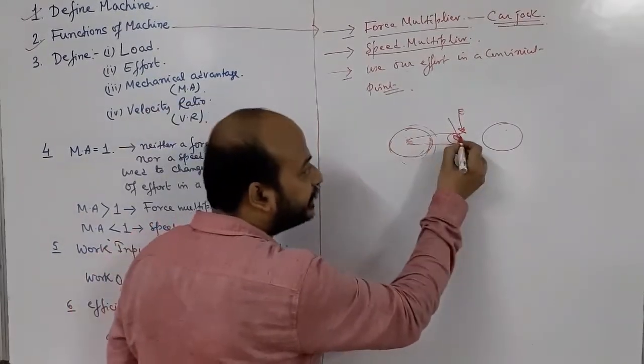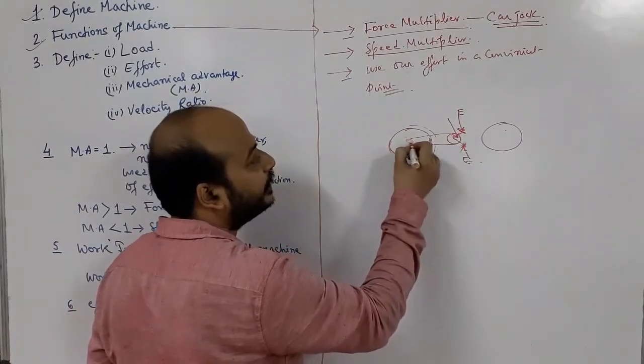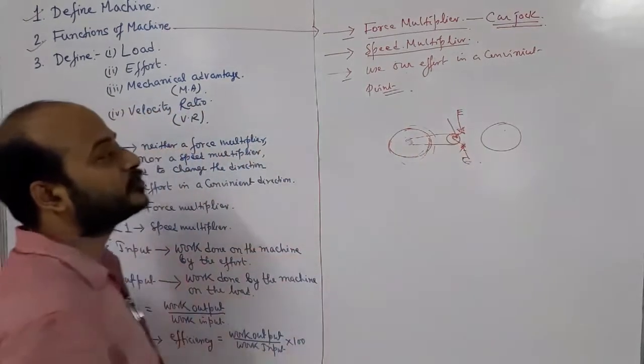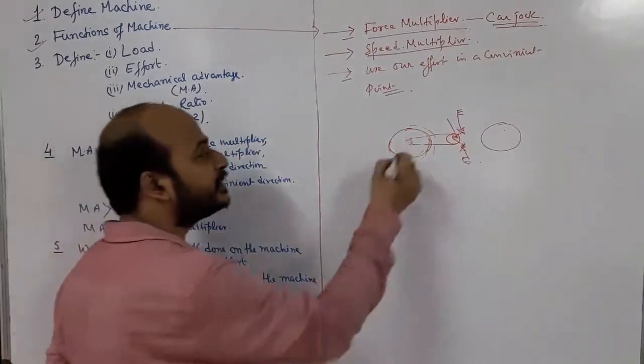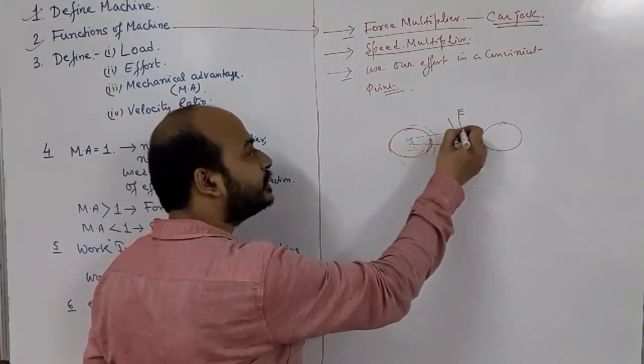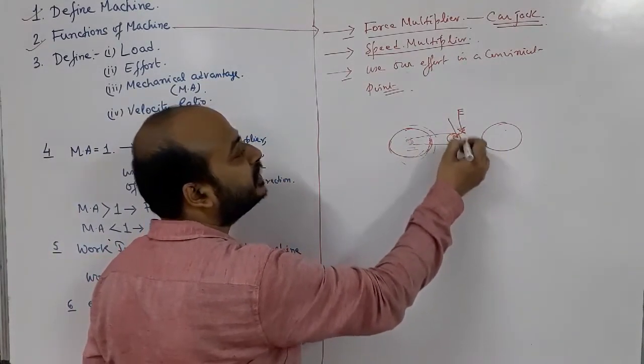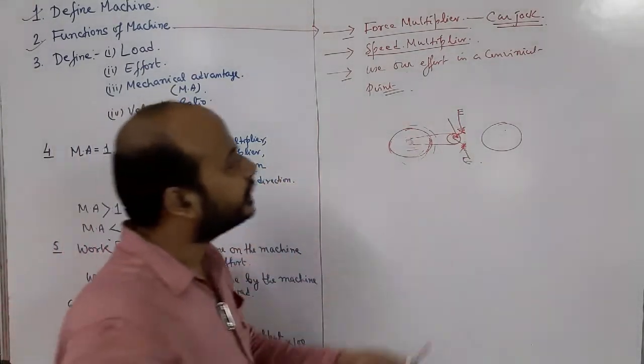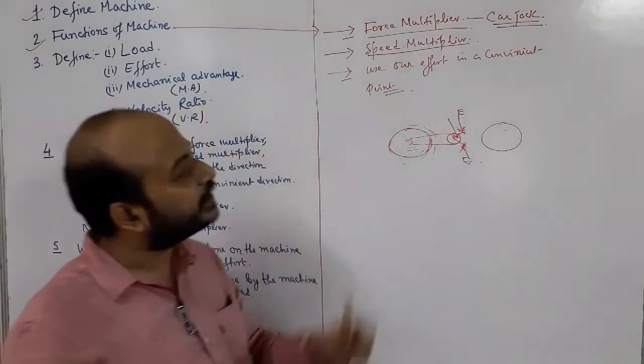So the greater the distance from the point, the more will be the turning force. So we can say that instead of this point, this point is a convenient point where we can apply our effort. So we can use our effort in a convenient point by applying a machine.